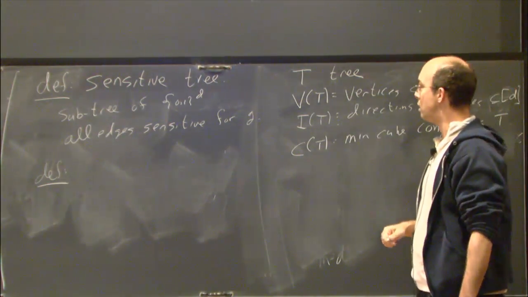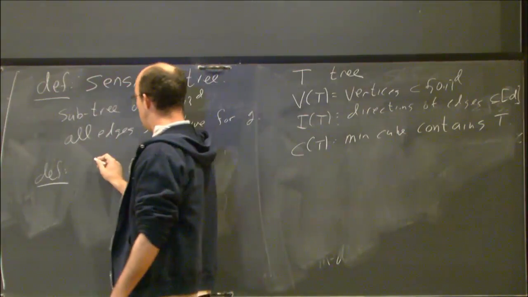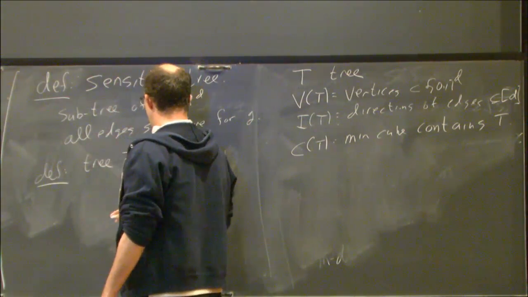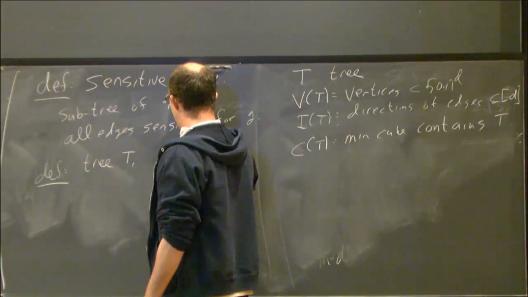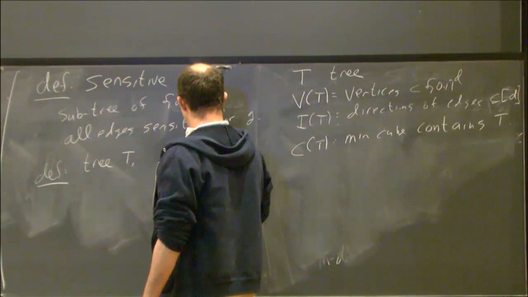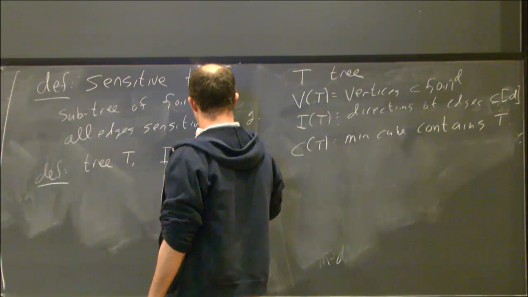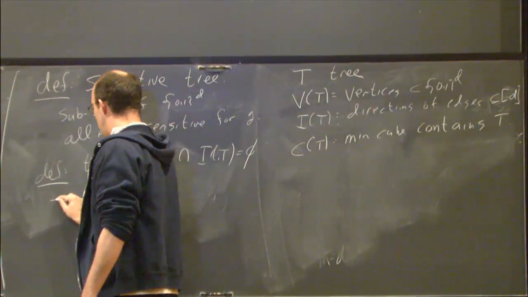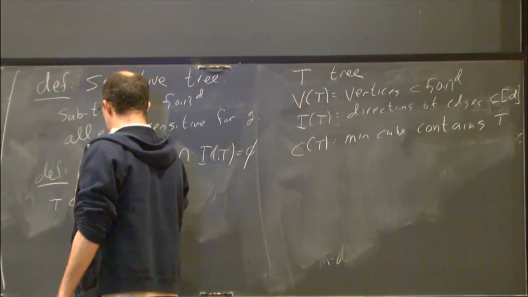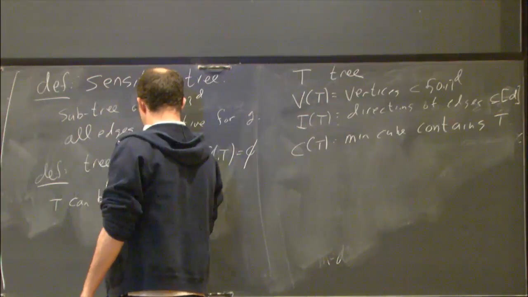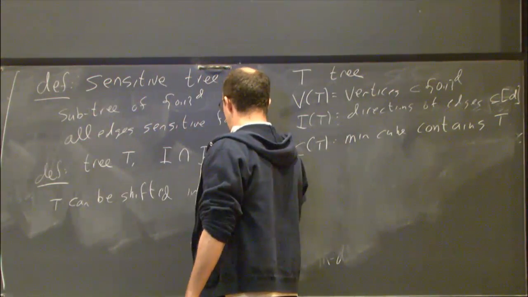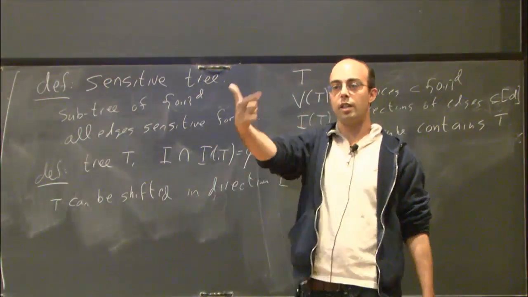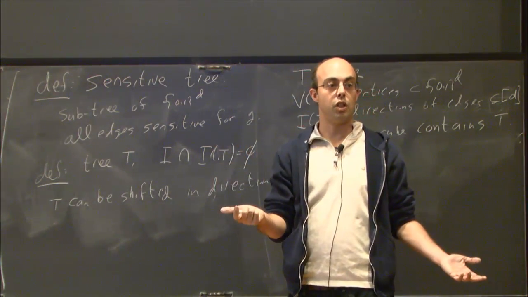Okay, so three definitions. Take a tree T, and take some subset of coordinates, let's say I, that is disjoint from these directions. So we say that T can be shifted in direction I if, when I flip all the coordinates in I, the value of the function doesn't change.